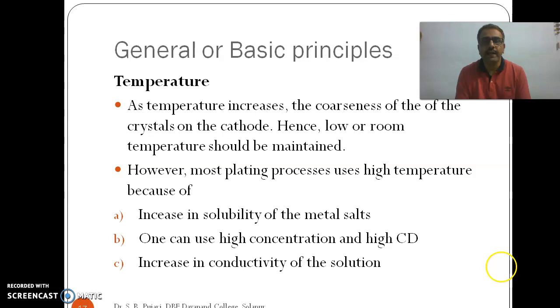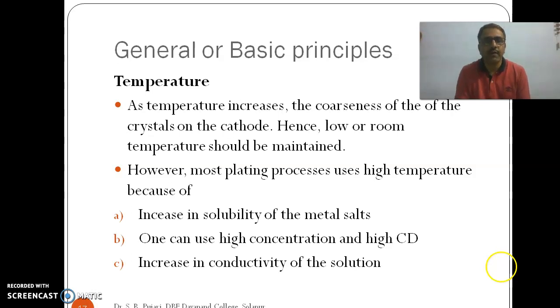Second, if you increase the temperature, you can use high current densities. That is also a very important application of high temperature. And last is that because of the high solubility at high temperature, the conductivity of the solution also goes on increasing. If the conductivity is more, diffusion will take place more efficiently. So the movement of metal ions from the bulk of the solution to the cathode surface will increase, and this will enhance the quality of the electroplating. So instead of coarse crystals, you will get fine grained crystals of that particular metal on the cathode surface.